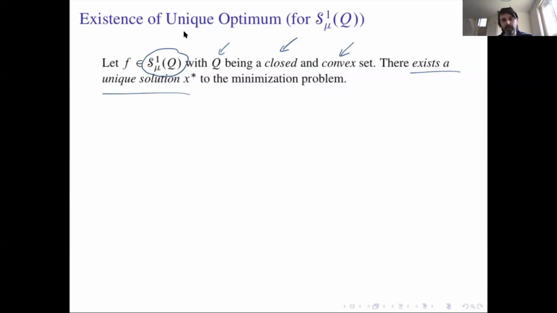So you have an existence statement and also a uniqueness statement. Essentially, the uniqueness statement follows because the curve has to bend sufficiently. So you can't have a flat minimum where you kind of wander around and stay at the same value.